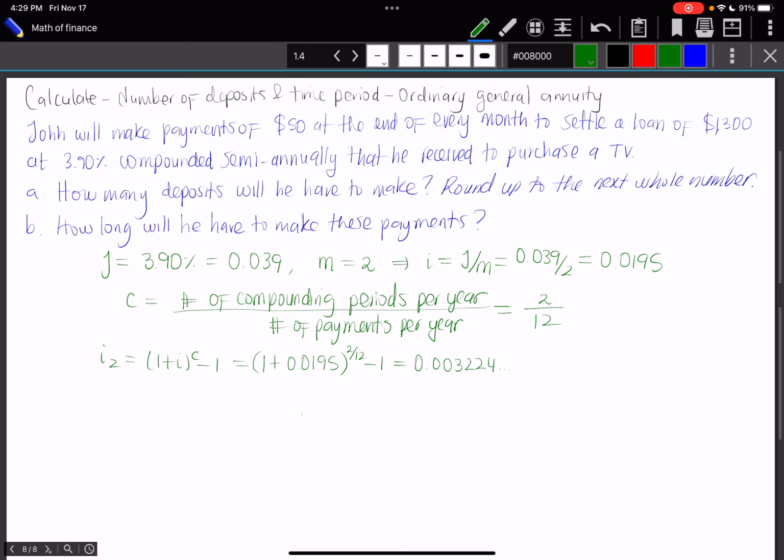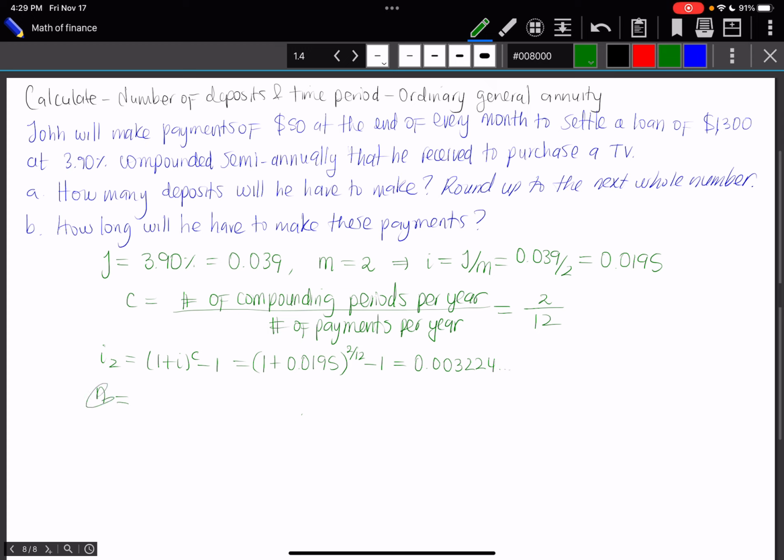Now, once we have the c and the i we need to work with, there is a way to compute the number of deposits that John will have to make. That would be denoted by n. n is the number of deposits that he will have to make, and n can be written in terms of multiple variables in the following way.